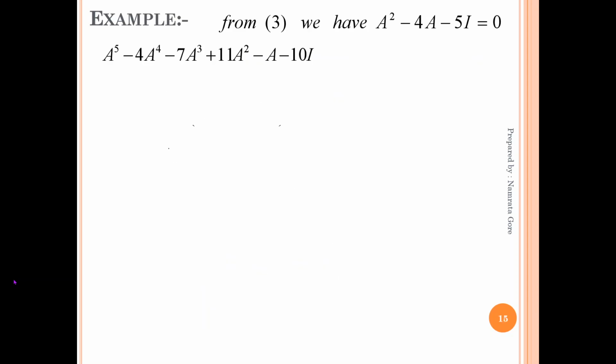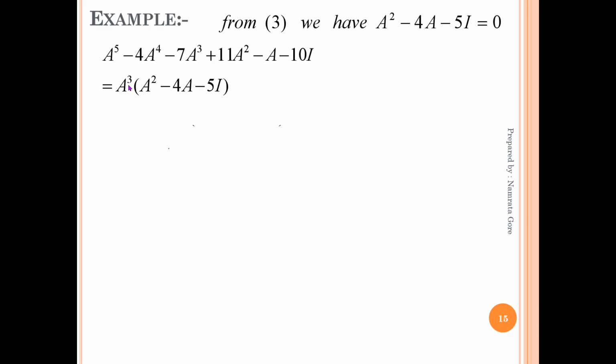Now for this polynomial, we have taken A cube common. So what is left in the expression is A square minus 4A, and from here, since here it is minus 5I, here we have picked minus 5. What is left is minus 2A cube.